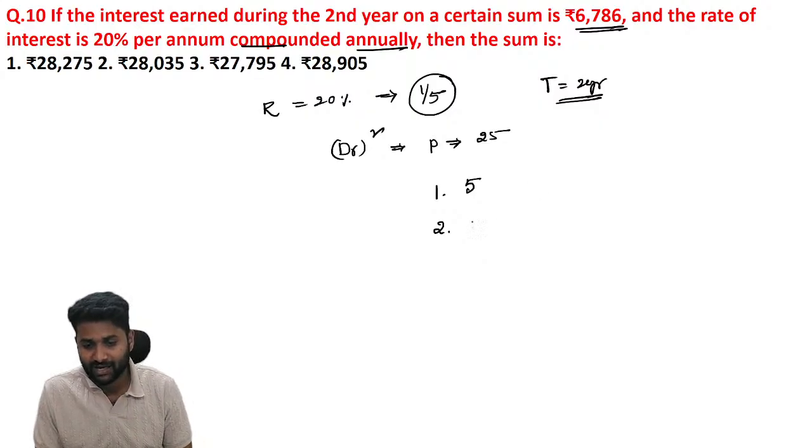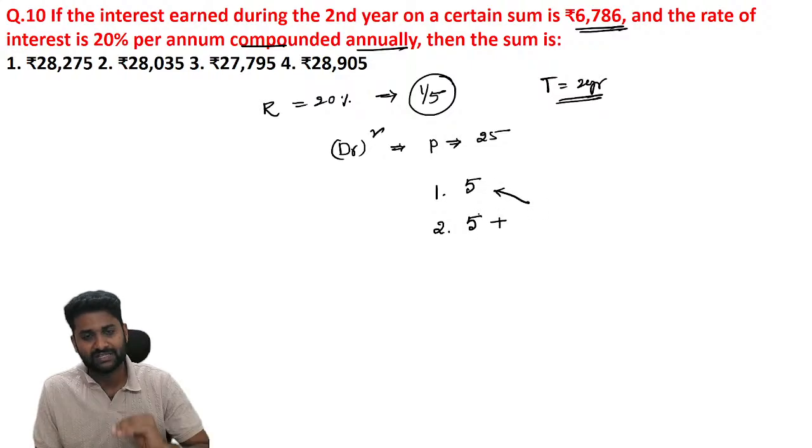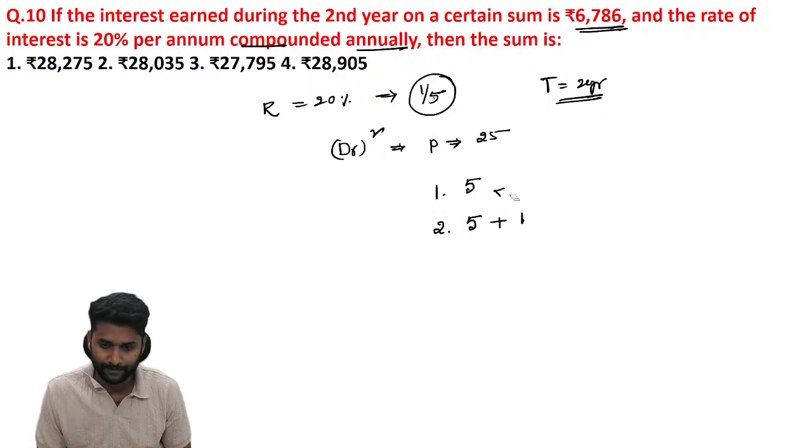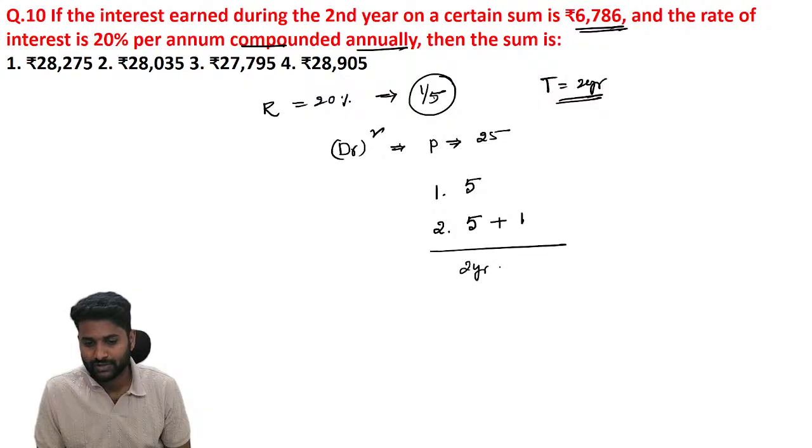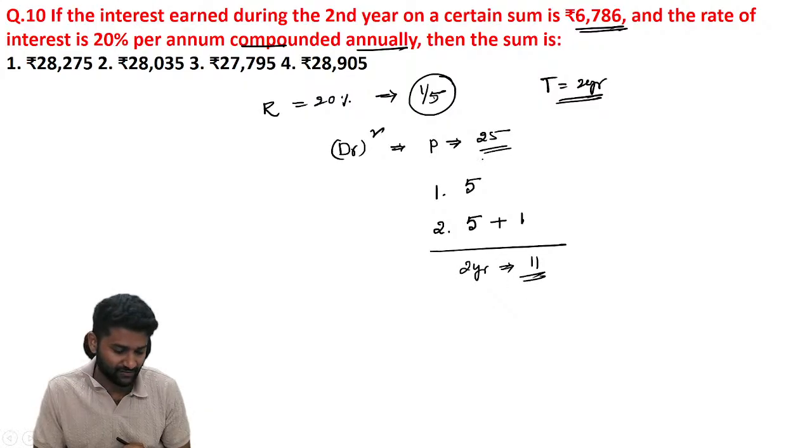For the second year, you have to pay on the principal and interest on the interest. First year you pay 5 rupees interest. For the second year you also pay interest on the first year's interest, so 1 by 5th of 5 is exactly 1 unit. Now observe, for the 2 years they have to pay 11 units if they take 25 units of amount.